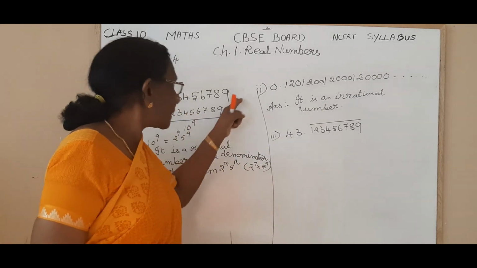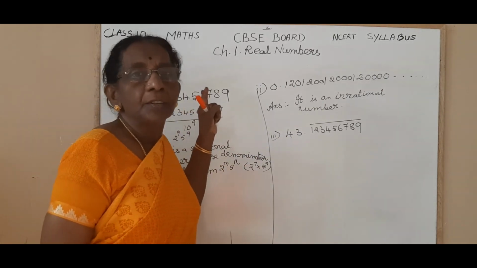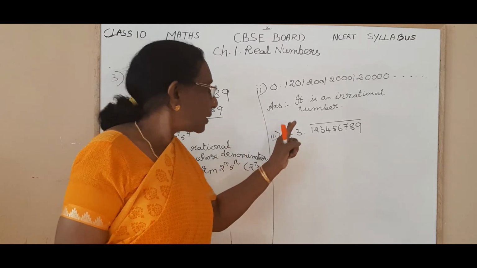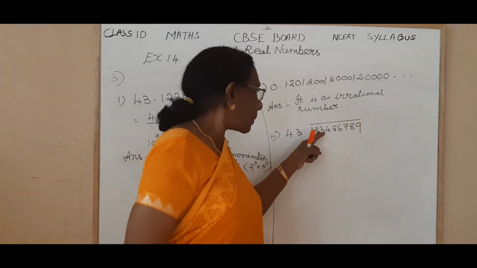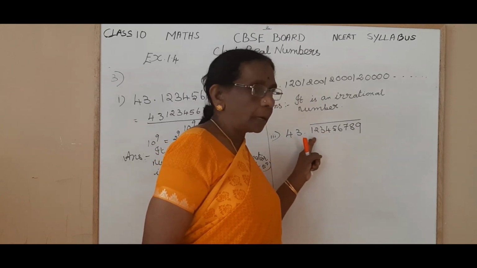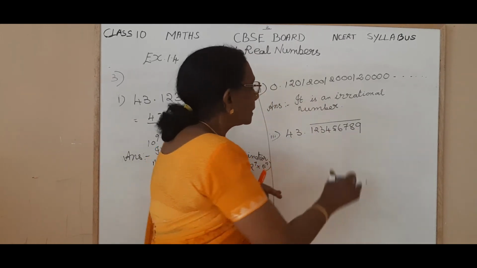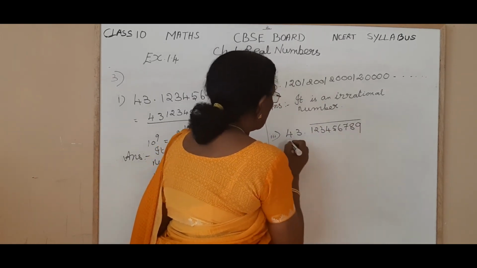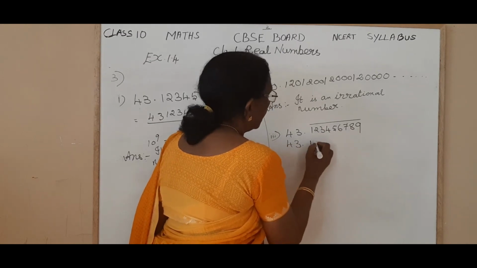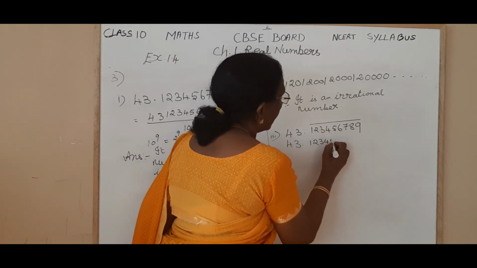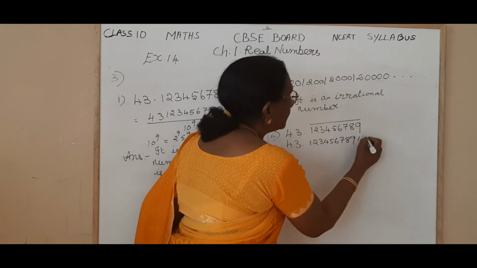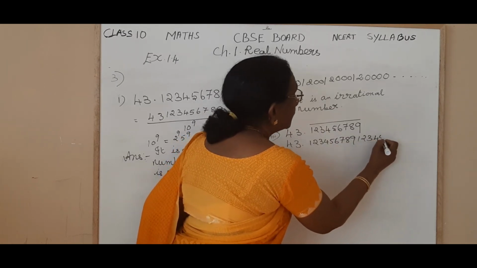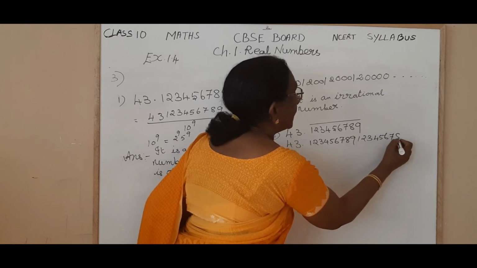Here it represents a terminating decimal, but here, when the bar is given above the numbers, what is the meaning of that? These numbers are repeating. This number is actually 1, 2, 3, 4, 5, 6, 7, 8, 9, again 1, 2, 3, 4, 5, 6, 7, 8, 9.